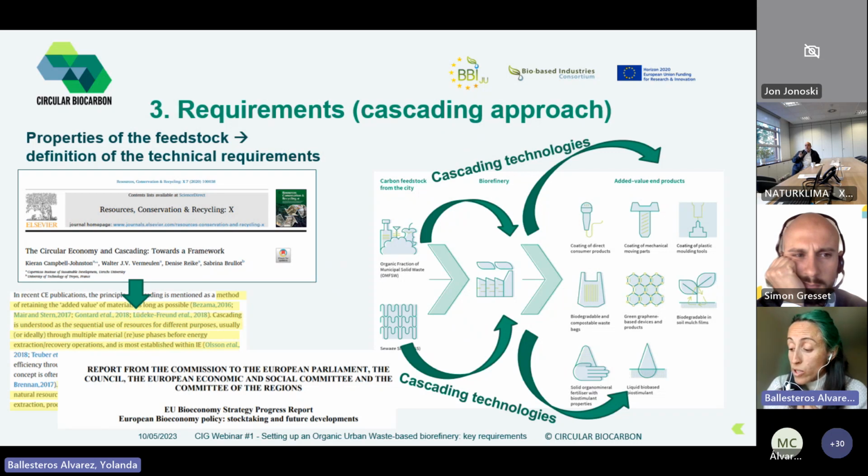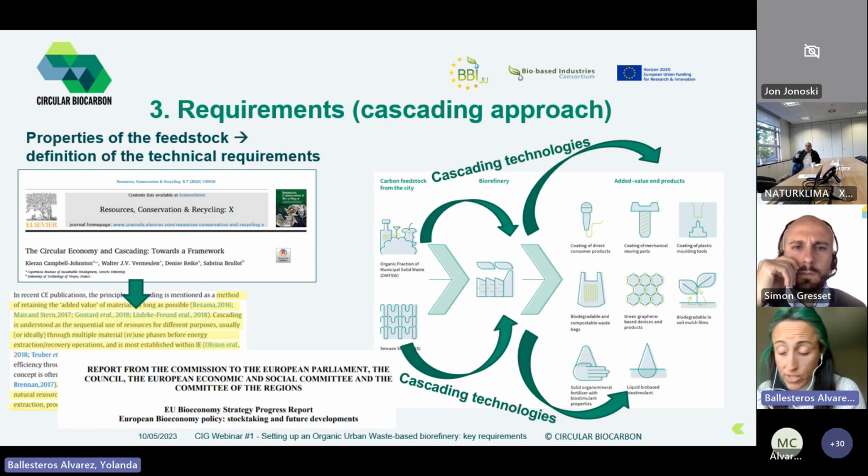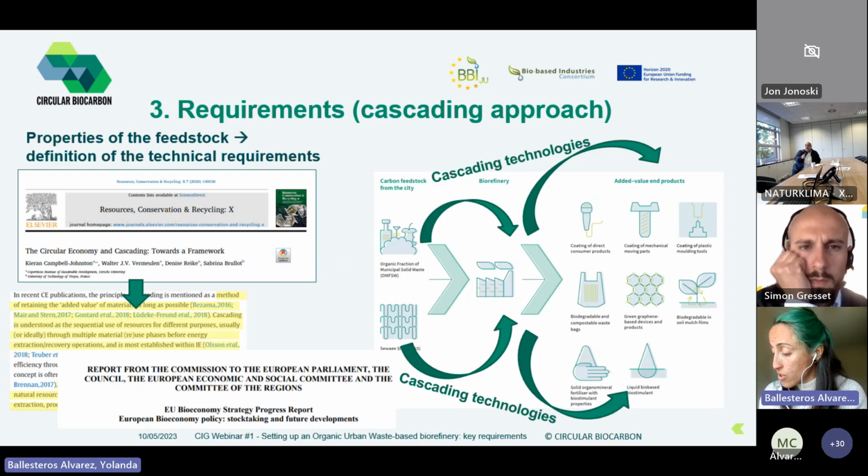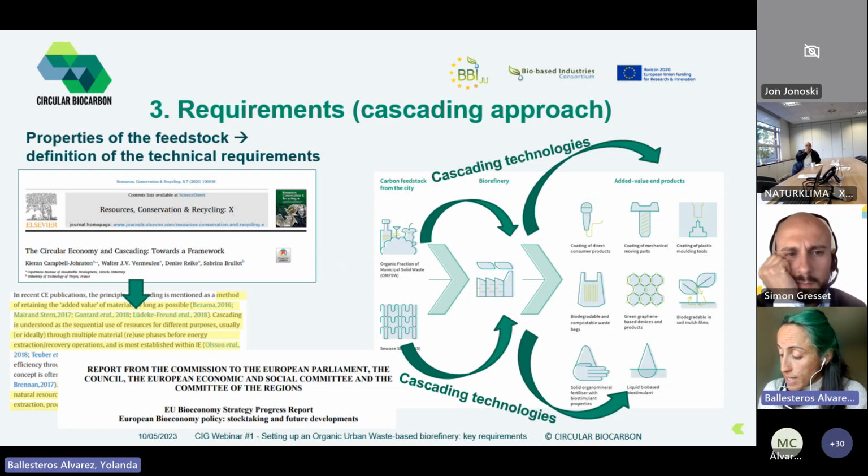In the previous slide, we also mentioned that the properties of the feedstock needed to be addressed. Knowing the properties of our feedstock is very important because these properties, as I have said before, may be indicating how good our feedstock is, if it is okay for the purpose we have in mind, if we are already complying with the law, or we need to apply some further technology or treatment in order to comply with the law.